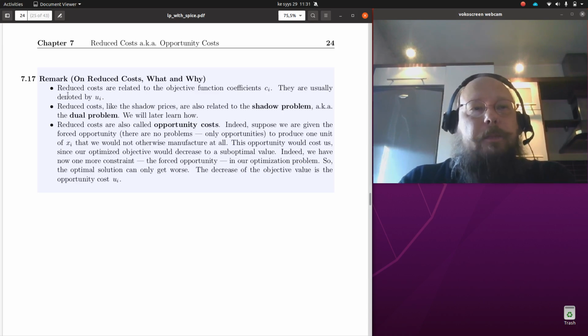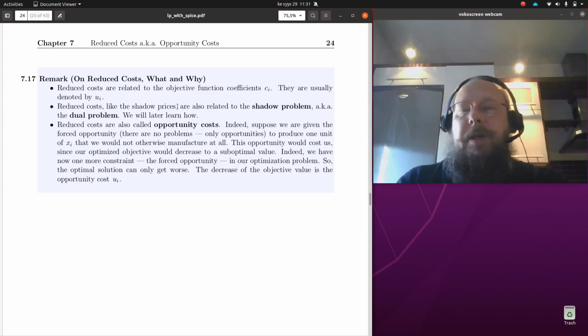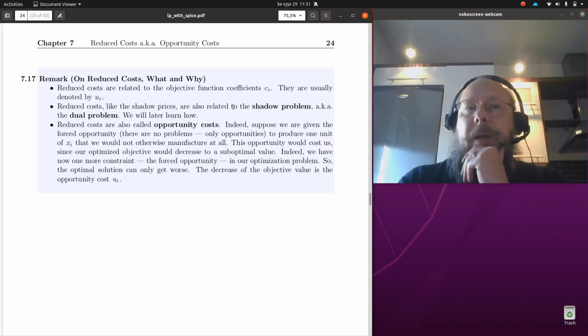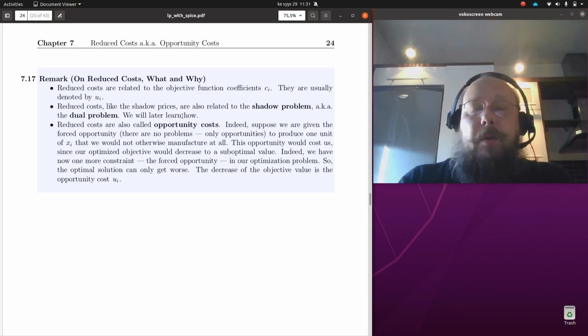So the reduced costs are related to the objective function coefficients Ci, and they are usually denoted by Ui. Just notation here. Also the reduced costs, like the shadow prices, are related to the shadow problem we have not studied yet. And this shadow problem is also called the dual problem, and we will later, in the next chapter, see how they are related in this duality.